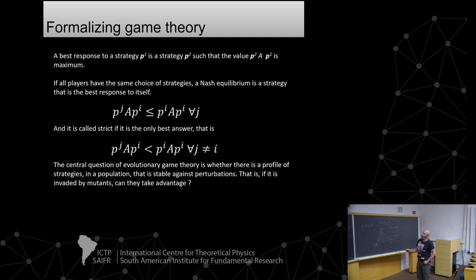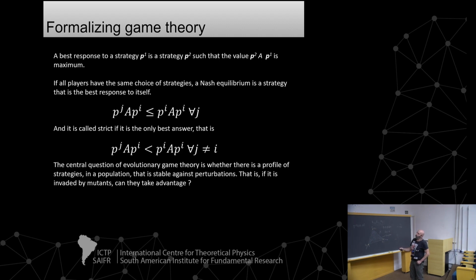If this holds for any strategy J, we are saying that this strategy I is a Nash equilibrium, okay? So this is the formal way to define the Nash equilibrium. And you can see that here it is not strictly greater than, but greater or equal.